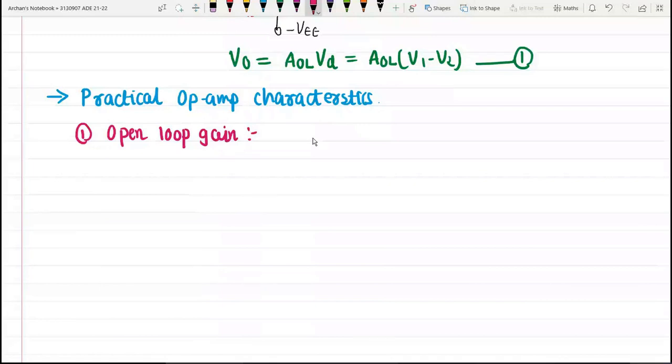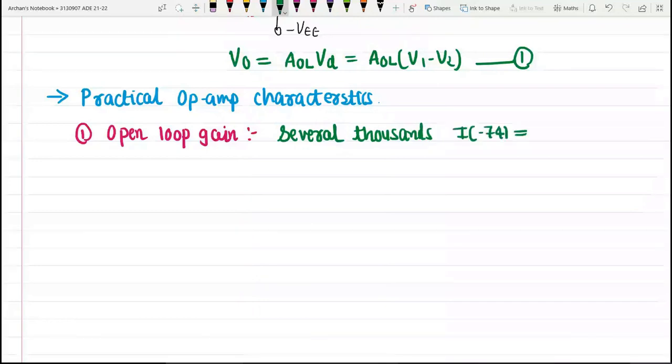This is the typical value. That is what we have seen in the case of IC741. The open loop gain is around 2 into 10 raised to 5. So this is the typical value of a practical op-amp.